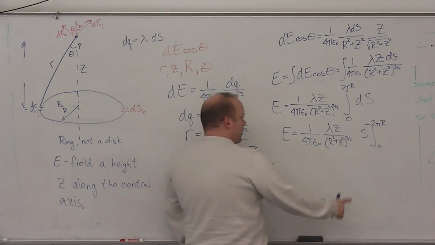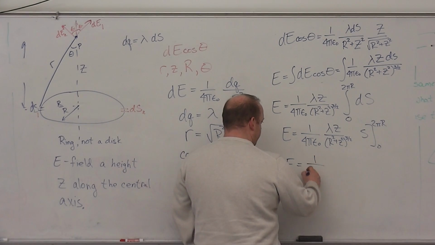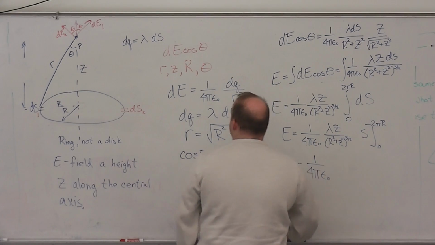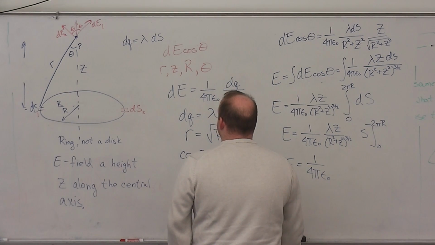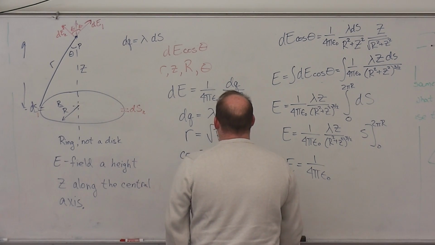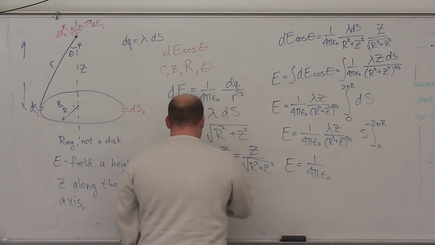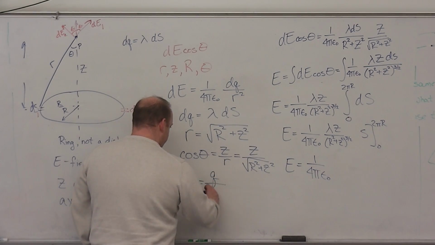Now we wind up with 1 over 4 pi epsilon naught lambda. I can substitute back in for lambda. Lambda was the charge per unit length. So lambda is equal to charge over 2 pi r.